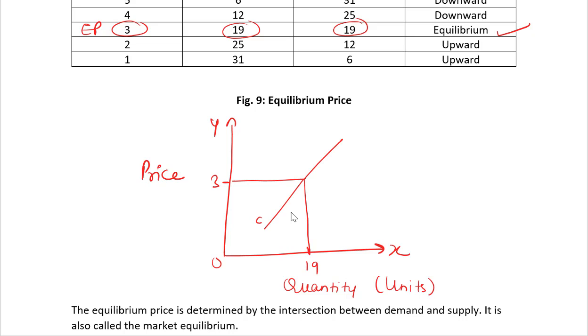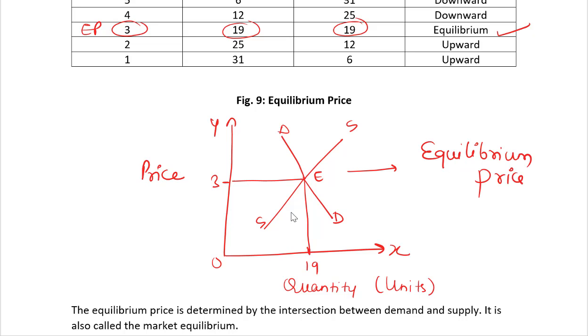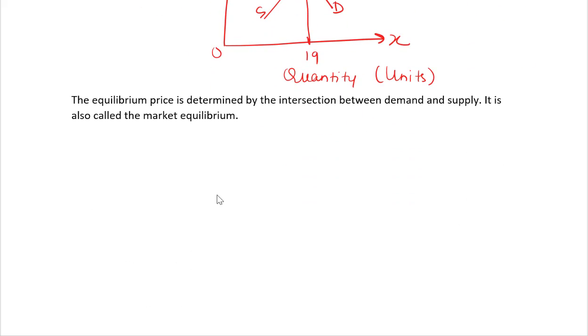So this is SS supply curve. This is DD demand curve. And this is the equilibrium price. I believe you understood this.